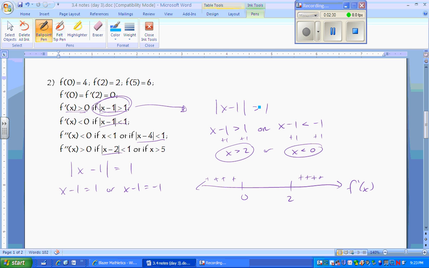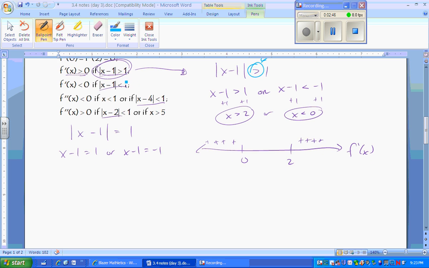Well, for this one, when it's greater than, what I say, and this is the way I remember it, it's greater than, because we have an or statement where we have two different inequalities, two separate ones. When we do this one, when it's less than, it's a little bit different. Absolute value of x minus 1 less than 1.